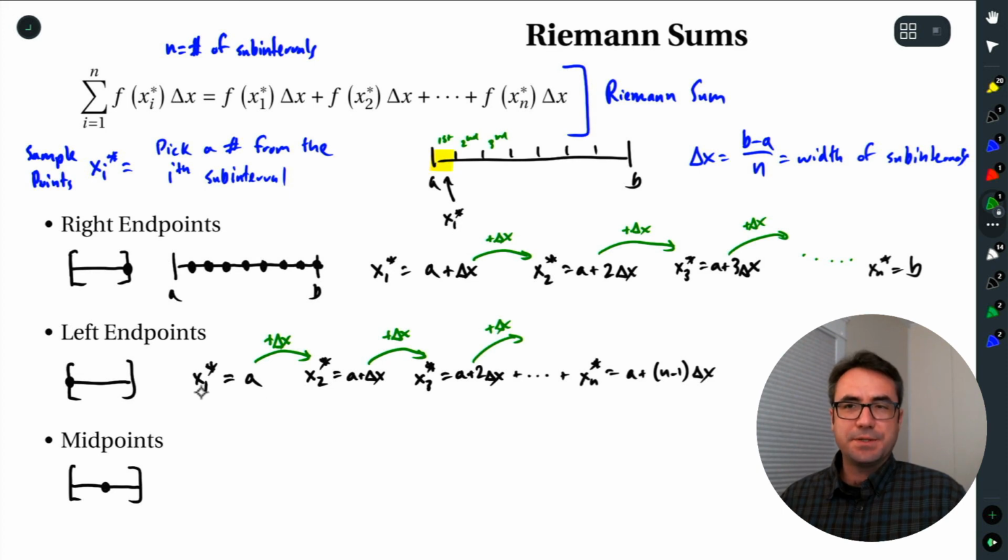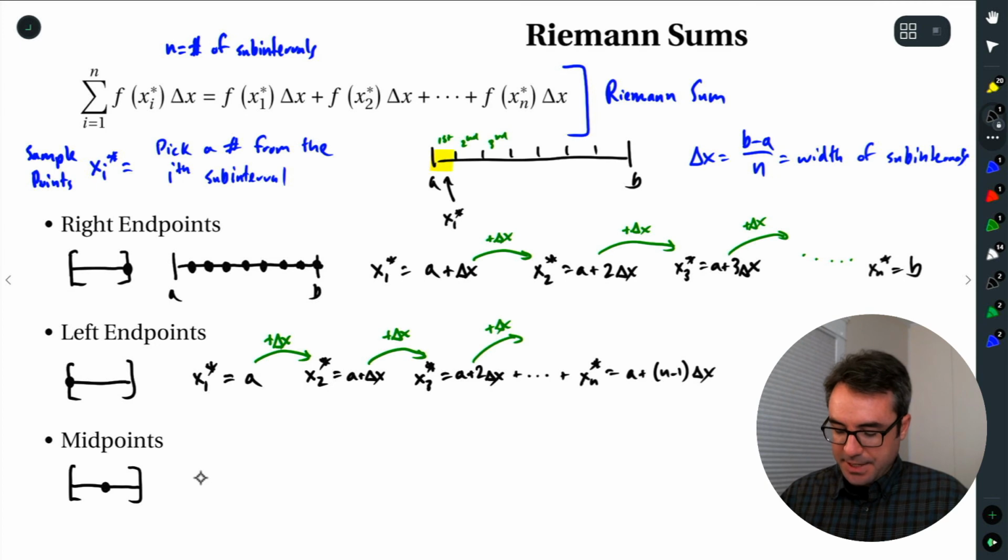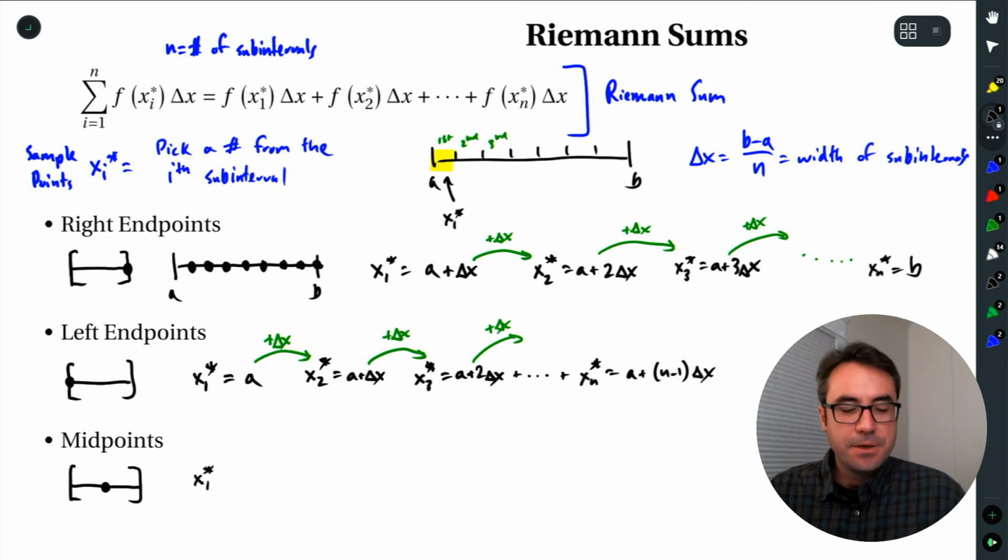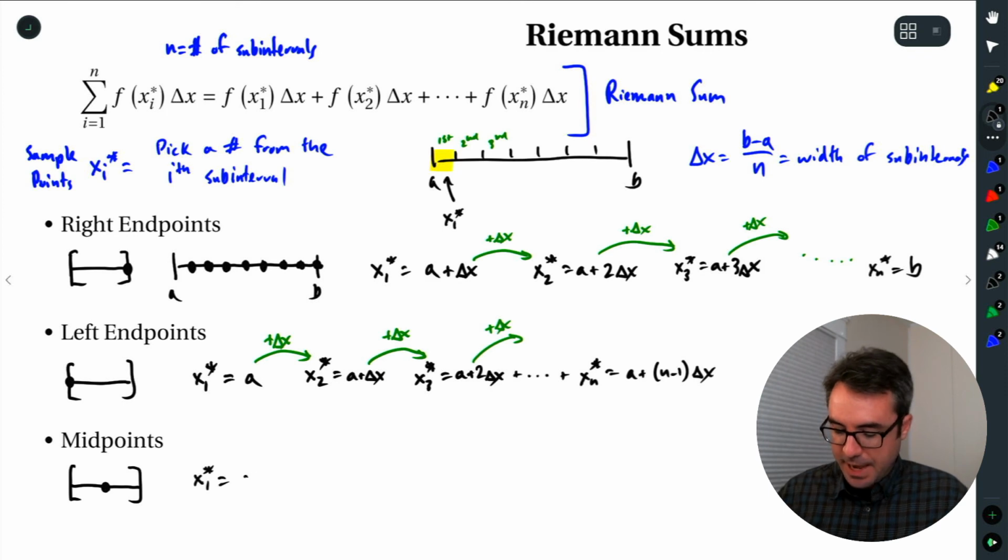All right, what about midpoints? For midpoints, again, it comes down to knowing what the starting sample point should be. For the midpoint, it's A, but then we want to go halfway across. We want to go half of this width here. So it'd be A plus delta x over 2.